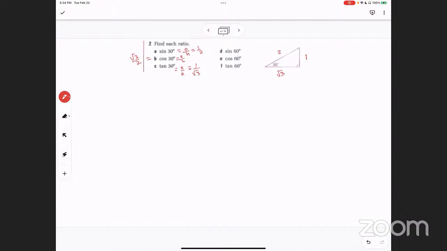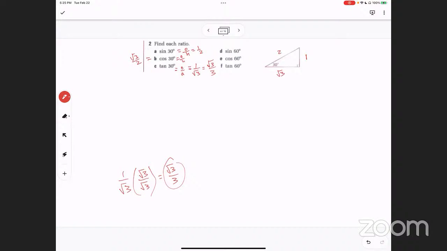Has he taught you how to deal with that yet? Not really. Well, we're beginning to dive into this topic. So to deal with this, you multiply the top and bottom by the square root of 3. Okay. And you get square root of 3 over 3. That's the way that they prefer you to write it. But your teacher may not make you write it like this yet. Just so you know, that's how you do that.